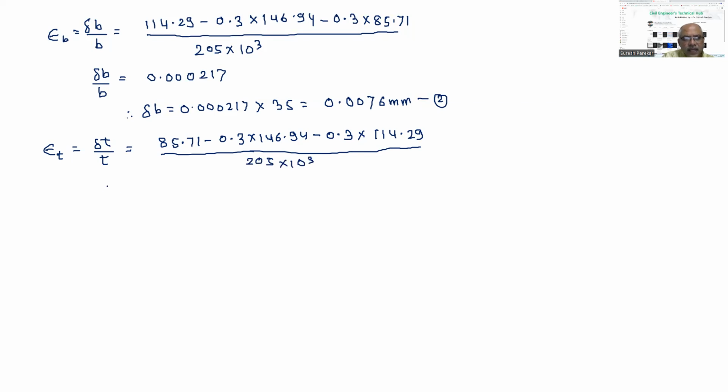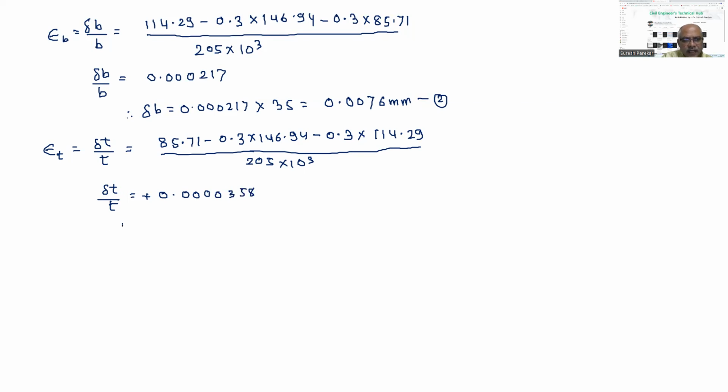And from this we will get the value of delta T by T, which is equal to plus 0.000358.